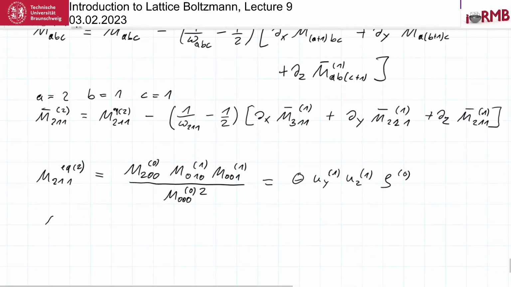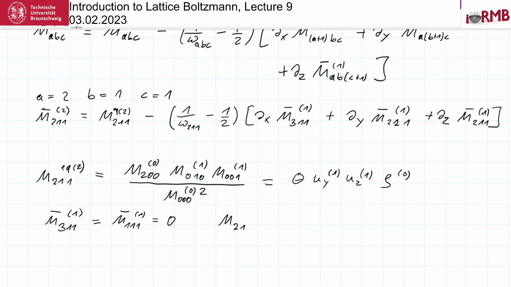Then we have the guy 311. Now you know about aliasing, right? Because we know about aliasing, this will be M111 to first order, and to first order this guy, because to third order it will be ux times uy times uz, but this doesn't have any first order, so this is simply 0.